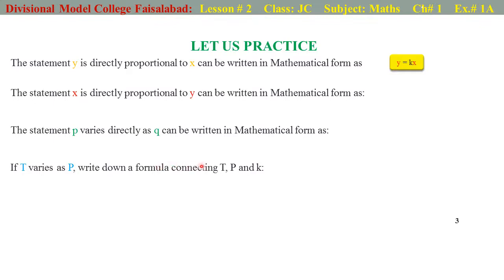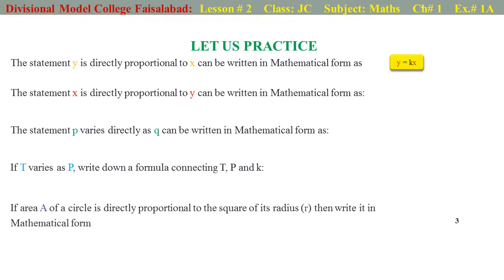Here you are asked to write a formula connecting T, P and k when T varies directly as P. When the word directly is not written and it is simply stated as T varies as P, it is understood that it is a direct variation. And write the statement when the area of a circle is directly proportional to the square of the radius.